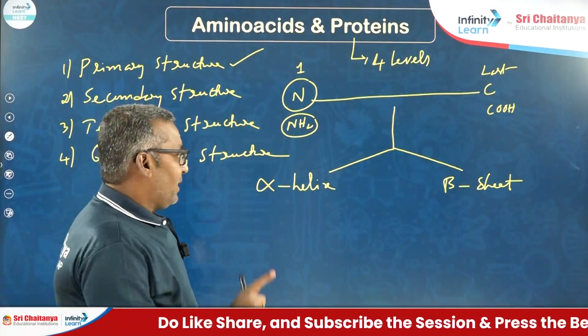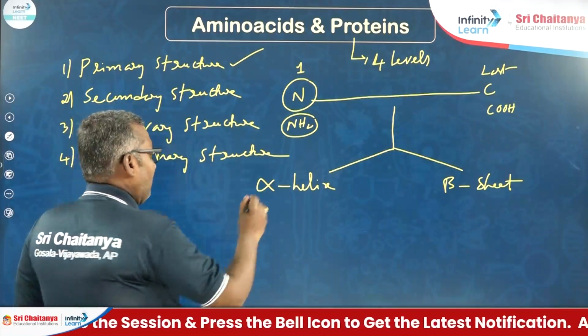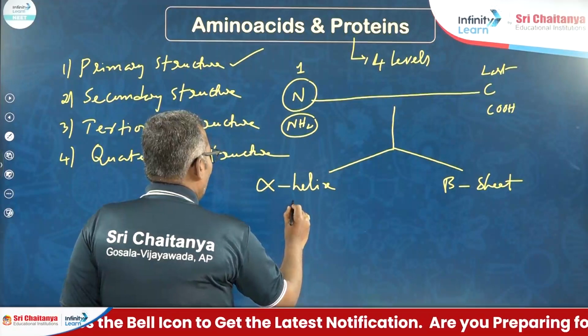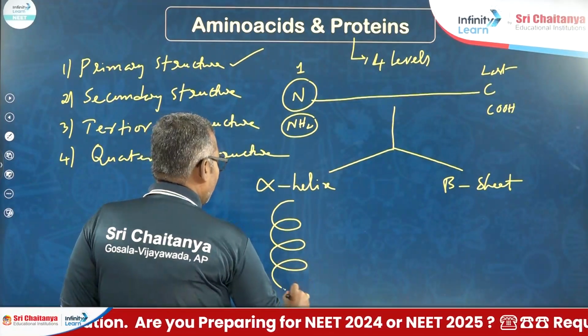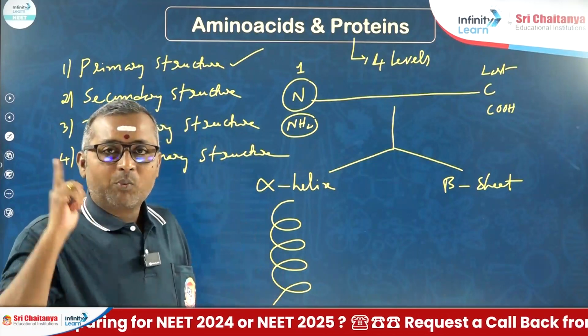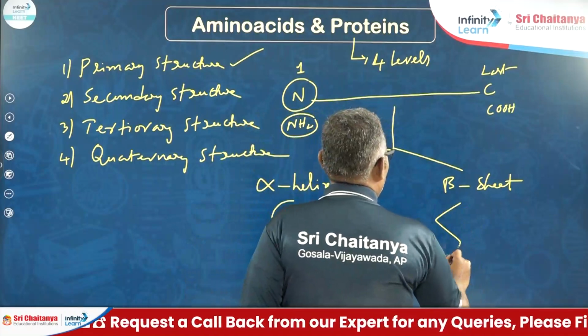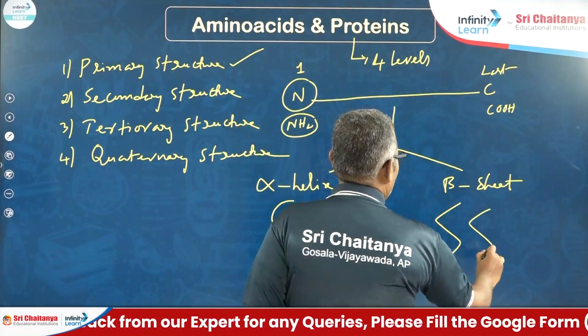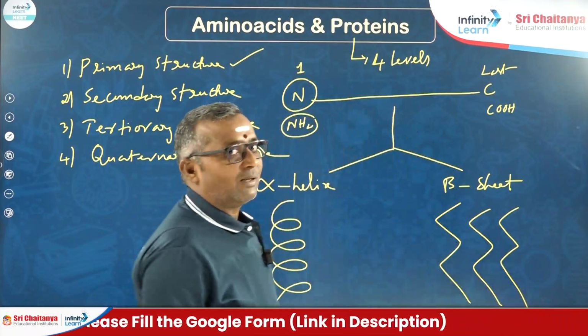Alpha helix and beta sheet have a simple difference: in alpha helix only one protein thread is folded. Whereas in beta pleated or beta sheet, more than one protein thread is present.